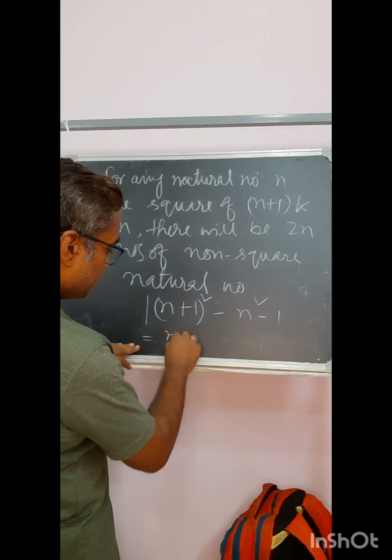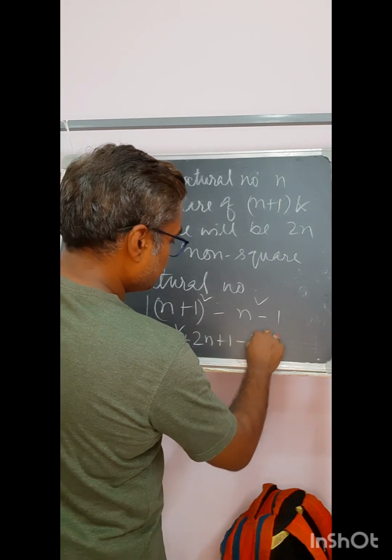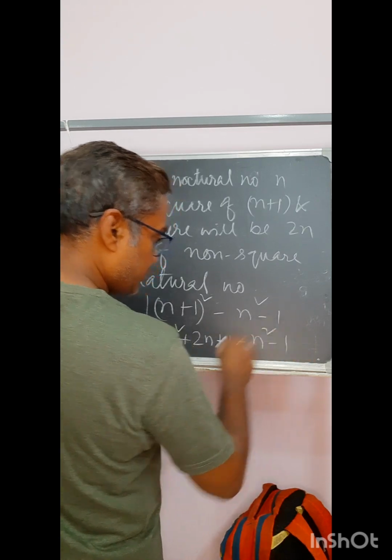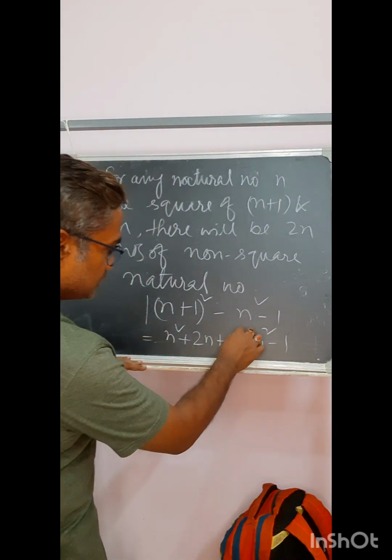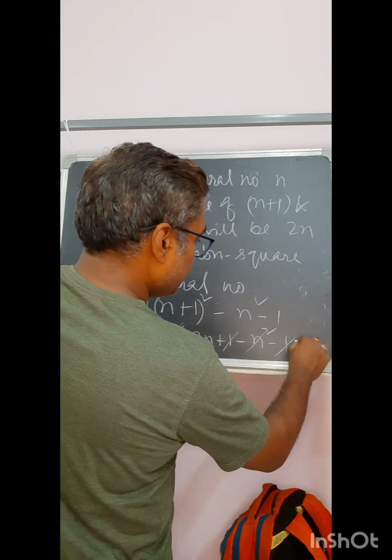If I expand it, it will give you n square plus 2n plus 1 minus n square minus 1. So n square will be cancelled out, and the remaining is 2n.